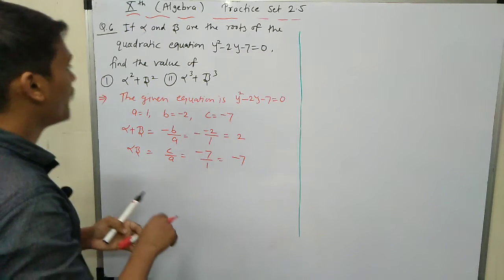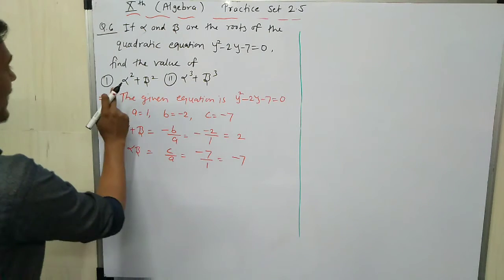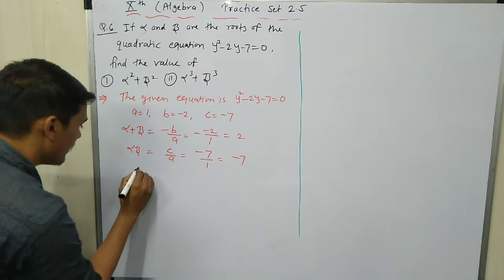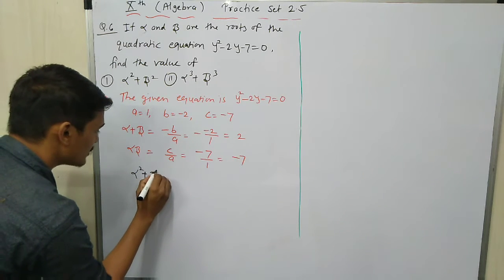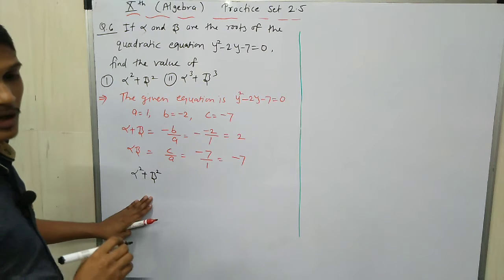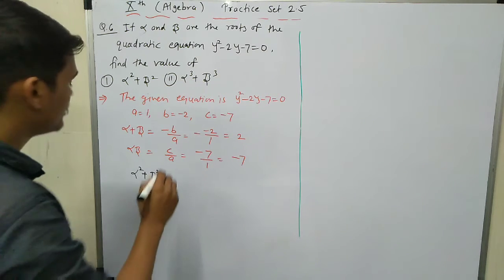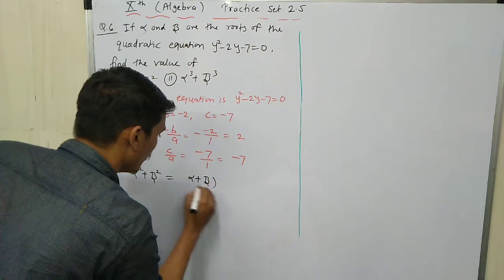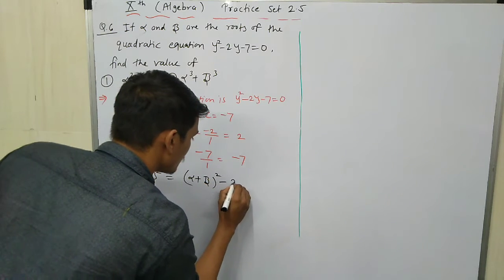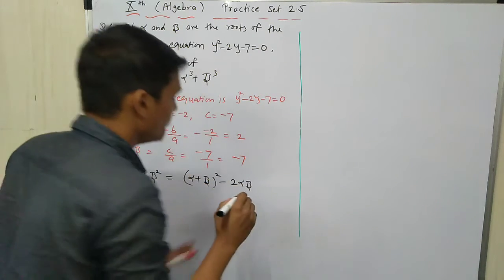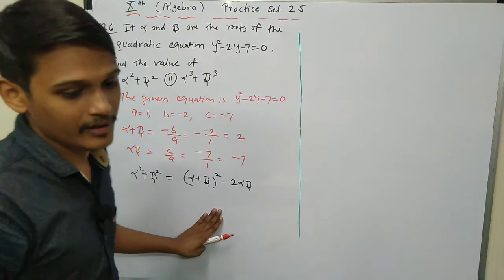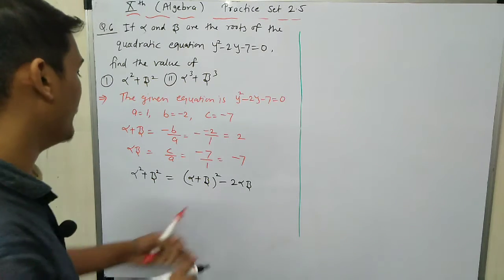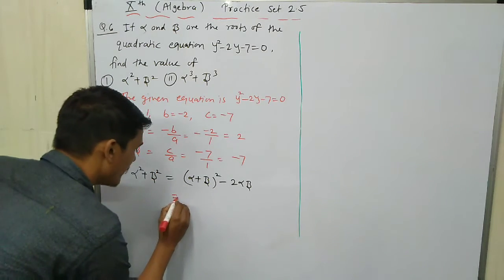Clear? Now first, what is the question? Find out alpha square plus beta square. You can write here alpha square plus beta square is equal to alpha plus beta whole square minus 2 alpha beta. Got it? Now find out the value.